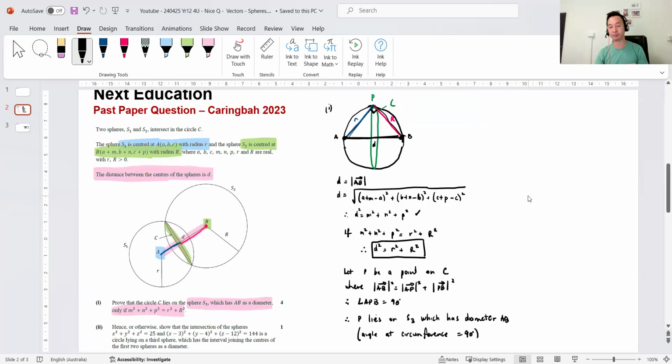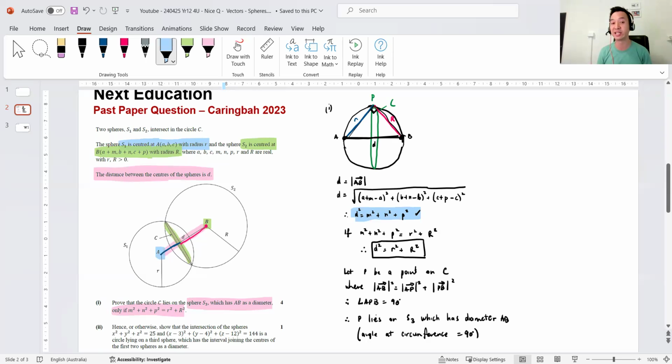So let me say this again. The way we've proven that is basically we let AB be the diameter, right? We used just the magnitude formula between 2 points to demonstrate that d squared equals m squared plus n squared plus p squared, right?